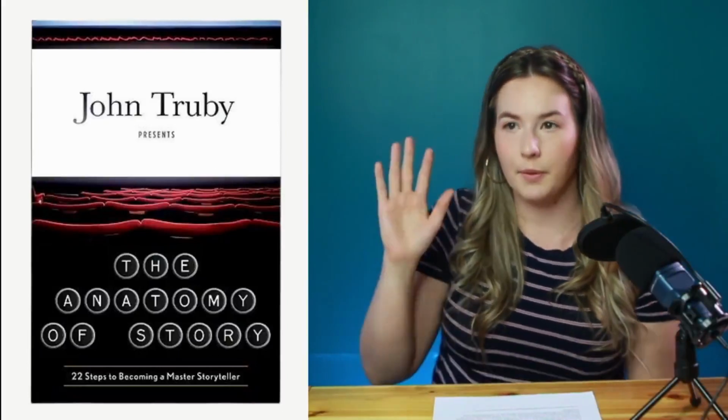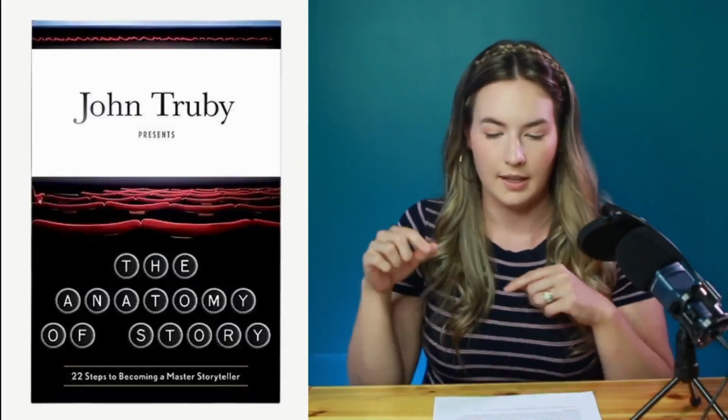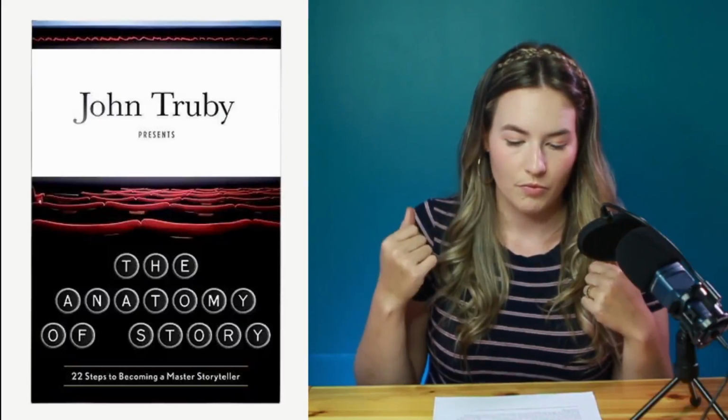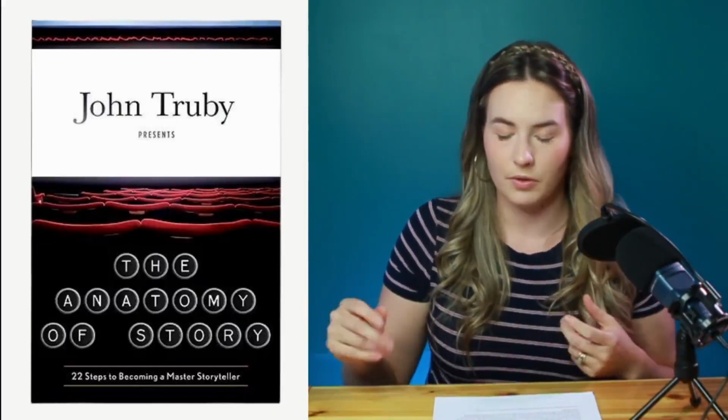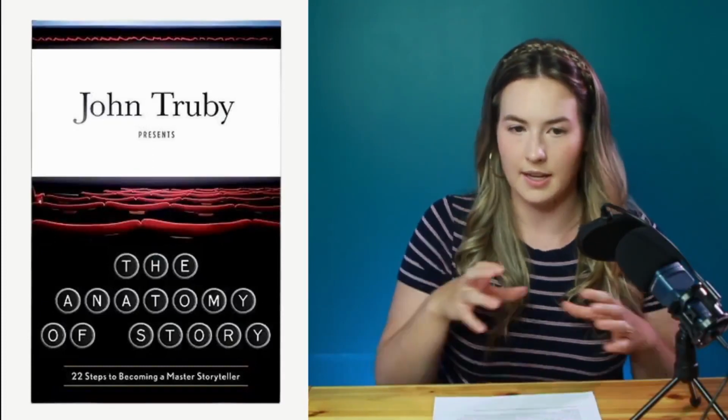But before we get to villains, I want to go over the groundwork that John Truby lays in this book about how to develop a story and how to develop a premise for a story, just so that we can all be starting from the same place on, again, how does the villain fit into the entire story dynamic.